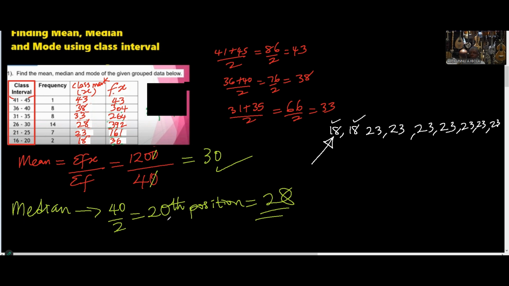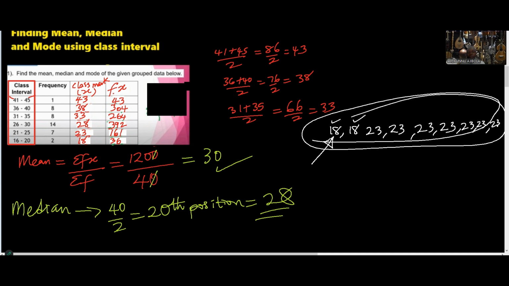But if we add all this up, it's not going to be 40. I said the total entries are how many numbers? 40, right? And I have just listed 9 among the 40.